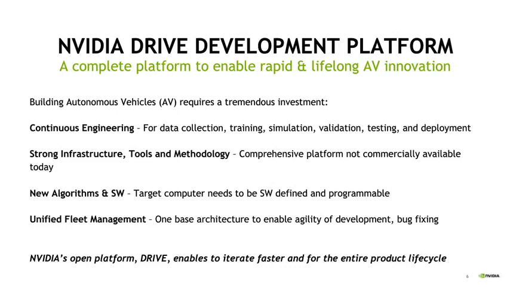Third tenet, algorithms and software. AV is a place where we're still innovating at an incredibly aggressive pace. On a monthly basis, we introduce new methods, new techniques to better train these neural nets, save on what data we have to label. So you need to have a framework and platform that supports this innovation and supports the idea that you can continuously change these algorithms.